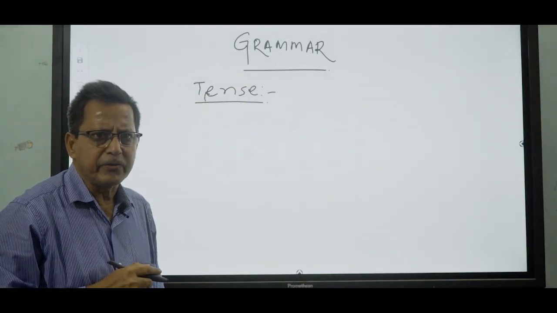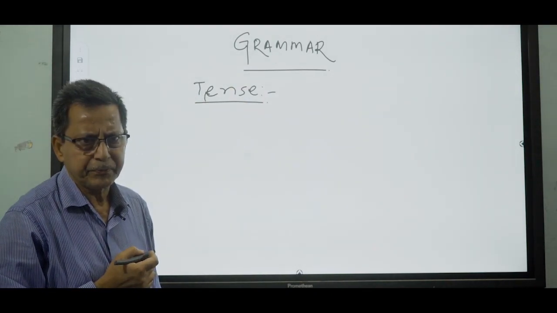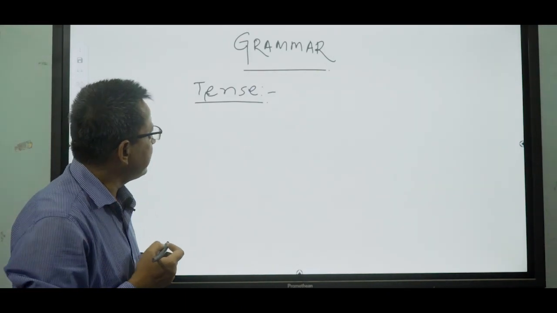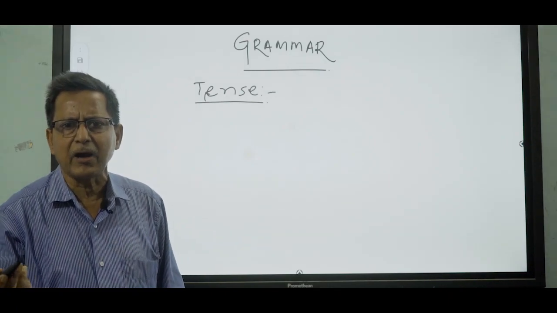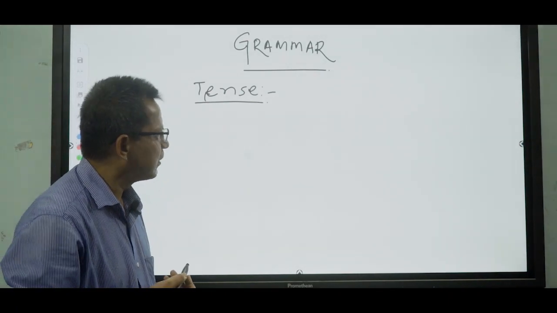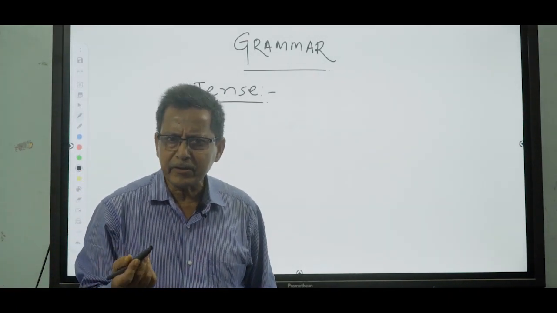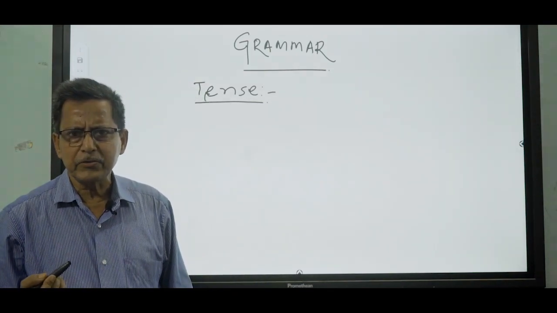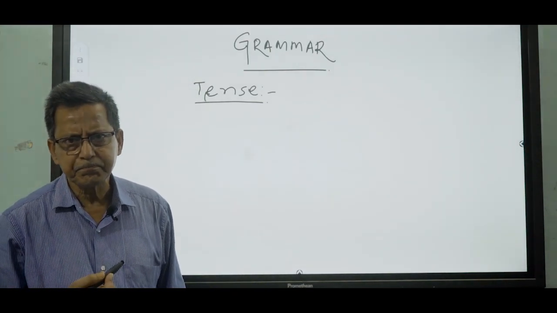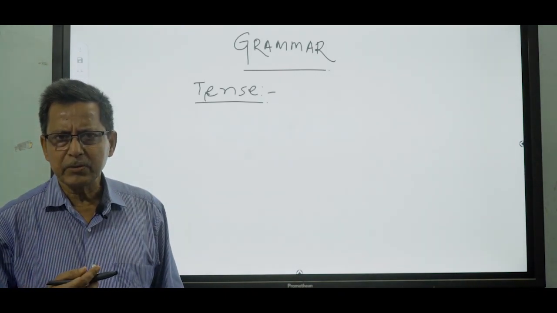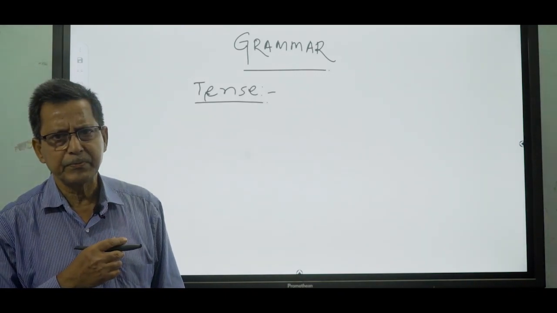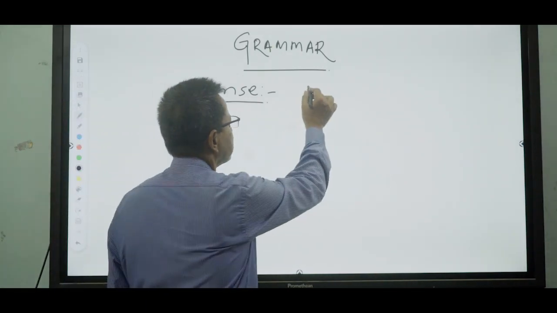Now, if I ask you what is tense, then we usually translate it in Assamese and say it is kal. So, how many tenses are there? You will answer me present, past and future. But you will be astonished to know that in English there are only two tenses, present and past.